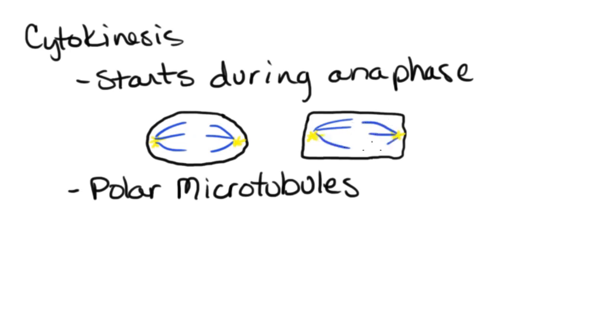Some of the spindles do attach to chromosomes that are located down the center of the cell, but there's also going to be some microtubules that do not attach to chromosomes. So these are the polar microtubules. These do not attach to chromosomes.